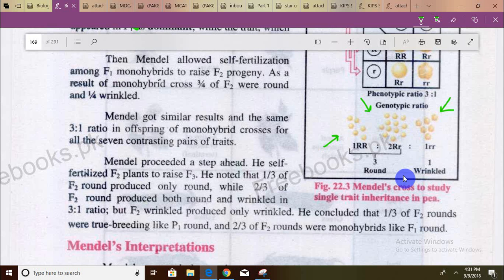And he concluded that 1/3 of F2 rounds were true breeding like P1 round, that is, which was a parental generation, true breeding like P1, and 2/3 were monohybrids like F1, which is also true.